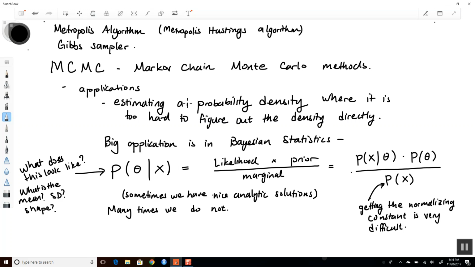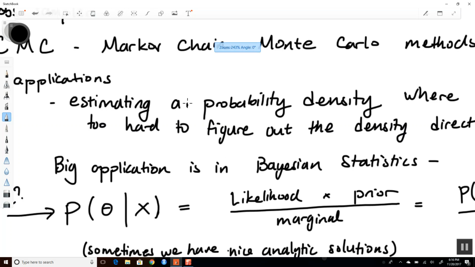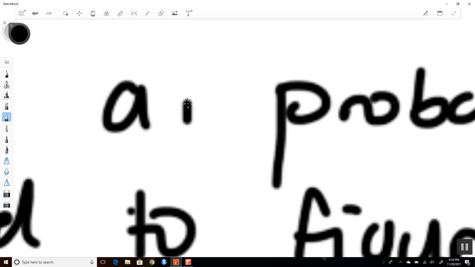So what MCMC allows us to do is get an estimate of what this thing looks like. And the beauty of it is we don't have to figure out this normalizing constant. We can just say, okay, our probability of our parameters is proportional to this. So we know the distribution up to some normalizing constant.